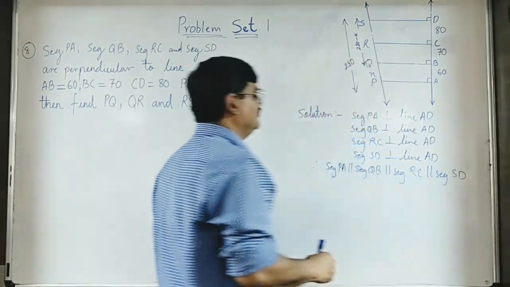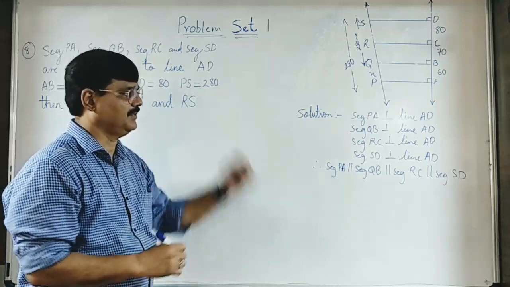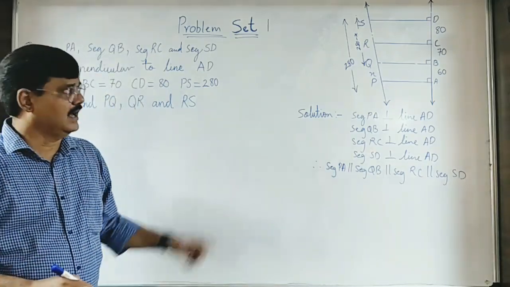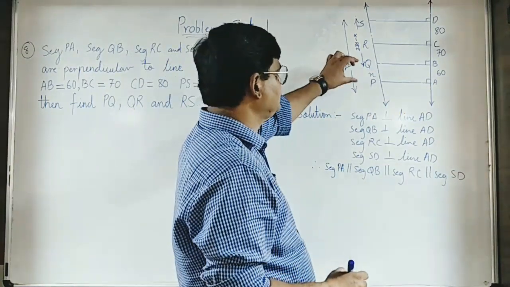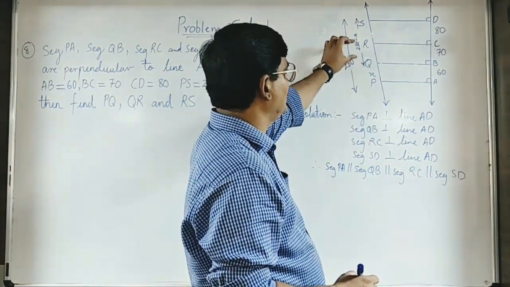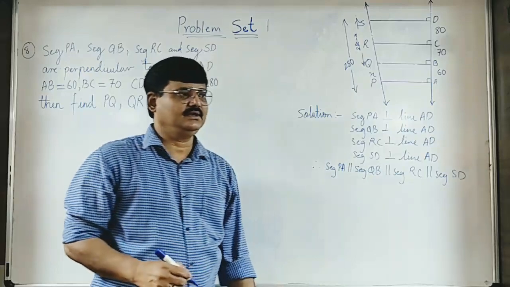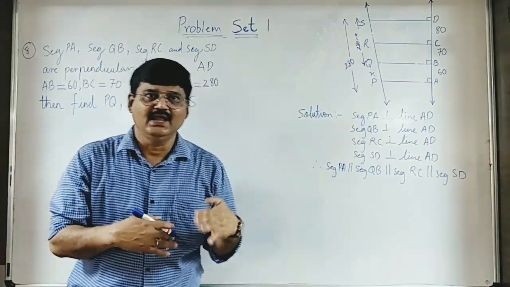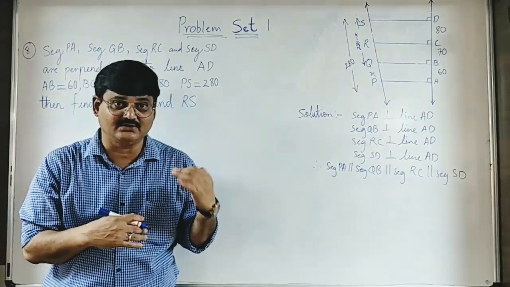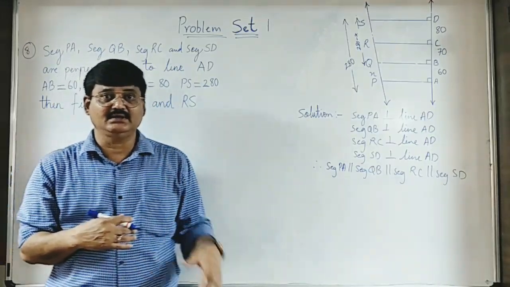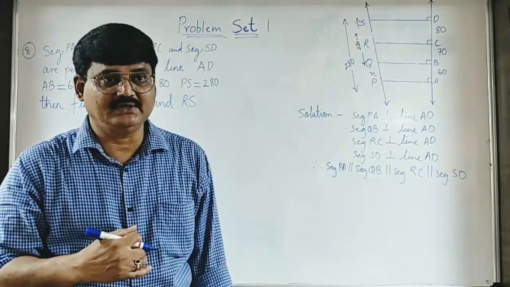All 4 lines are parallel to each other because they are perpendicular to the same line. Now, to find PQ, QR, RS, you can see these are parallel lines, and we have done one property of parallel lines, the intercepts made by 3 parallel lines. Do you remember that? We have done that property.